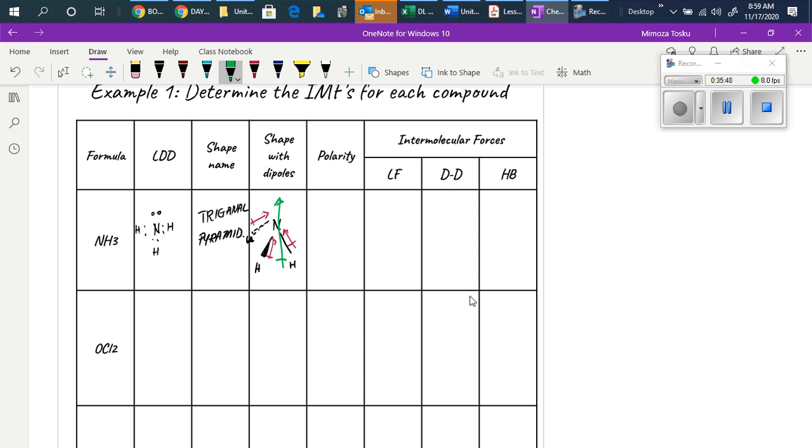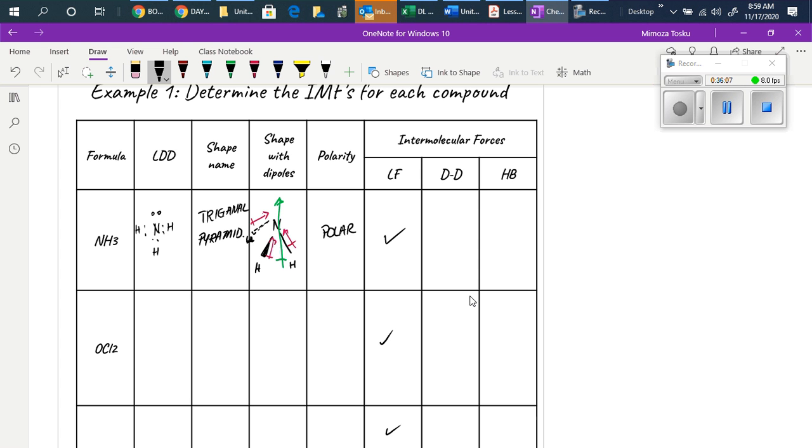As you see, there is a net dipole, and the net dipole is in this direction. So that means that we are dealing with a polar molecule, and without even thinking about what is happening in the molecule, you just say London forces, all of them have it. Okay.